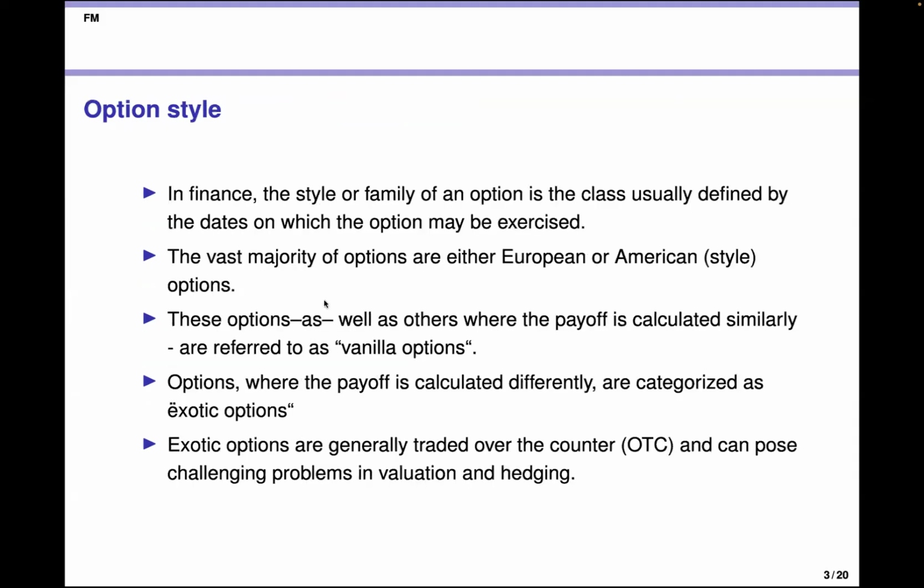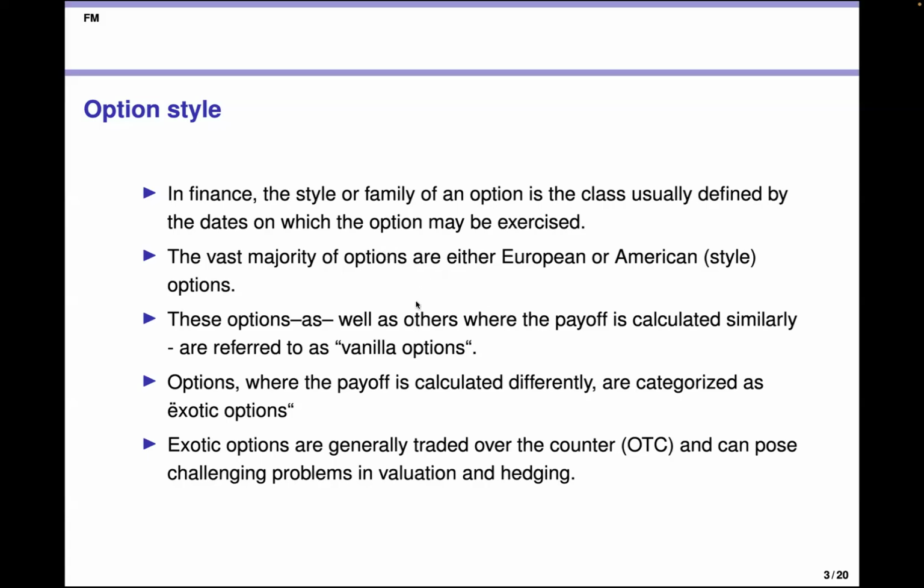Okay. So in general, about option style. In finance, the style of an option is the class usually defined by the dates on which the option may be exercised. The majority of options are either European or American style options, and these options have a similar payoff.